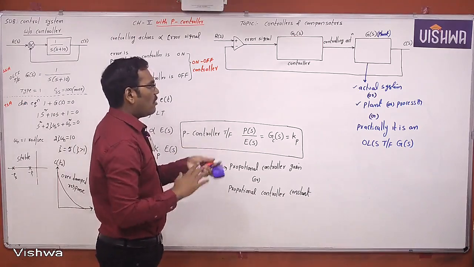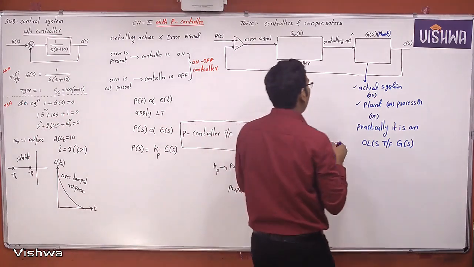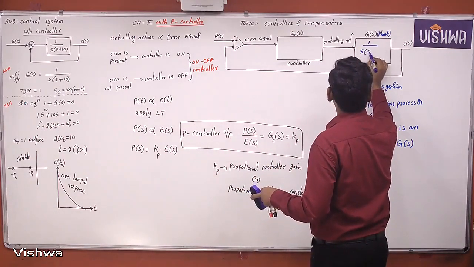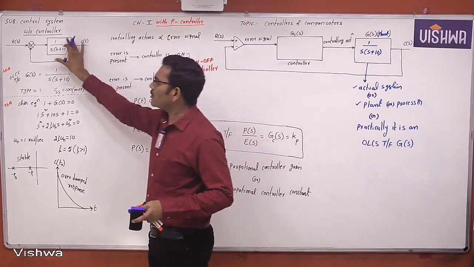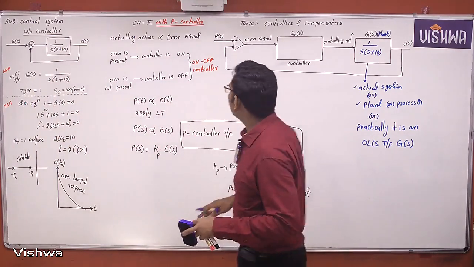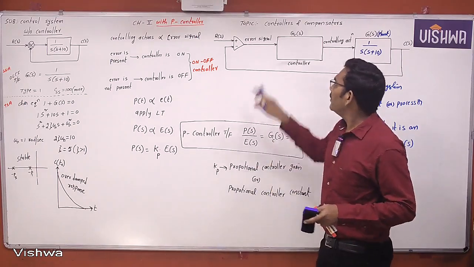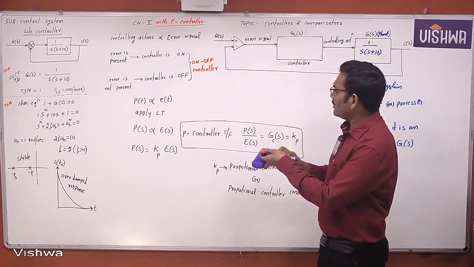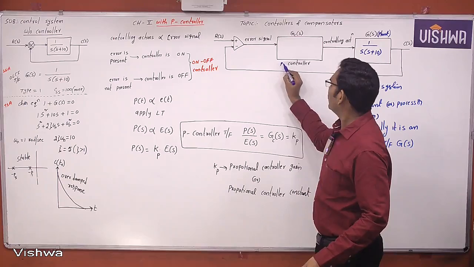Now we will see the actual plant. The plant is 1 by s into s plus 10. This is the plant performance without controller, with steady state analysis and transient state analysis. Now we will see how this plant is affected by using a P controller.